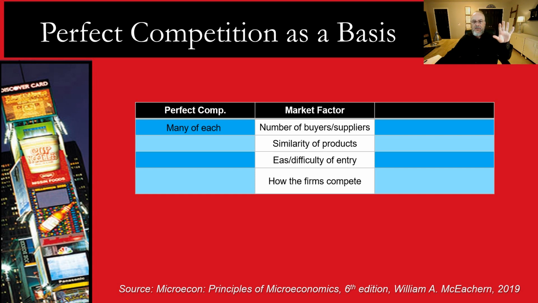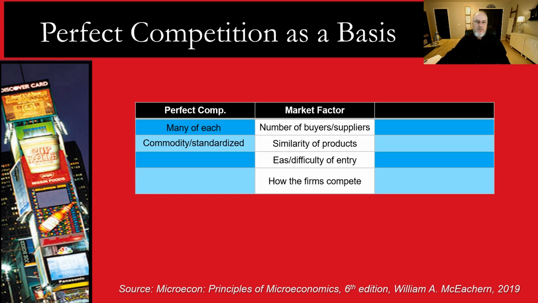So you've got tons of people making the stuff and tons of people buying the stuff, so that no one has very much control over the supply or the price. There are too many buyers and too many sellers for any one player to control or influence price or supply very much. And then in perfect competition, the products are all exactly the same.